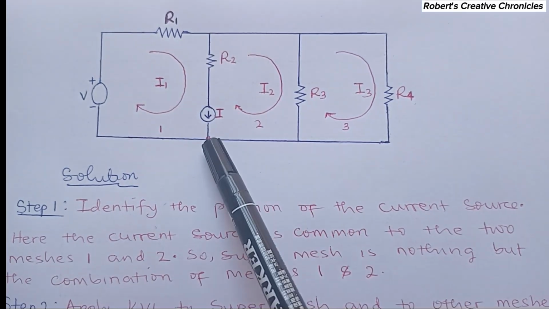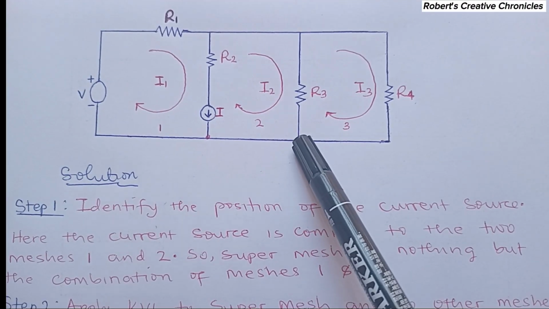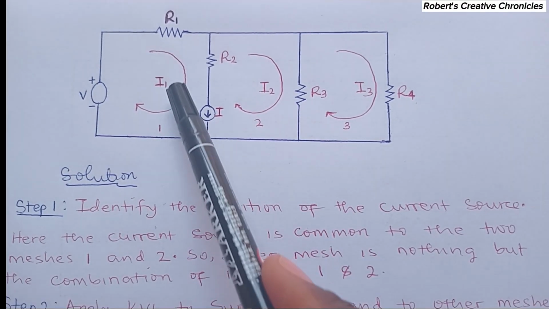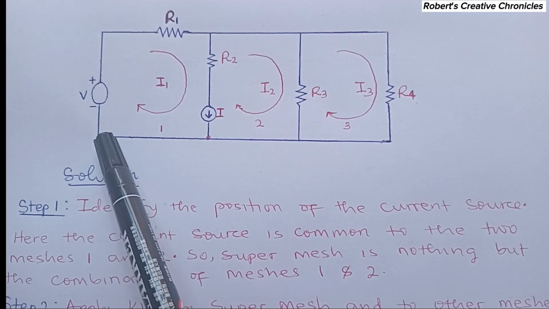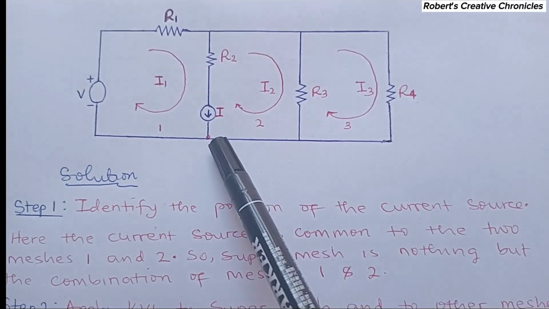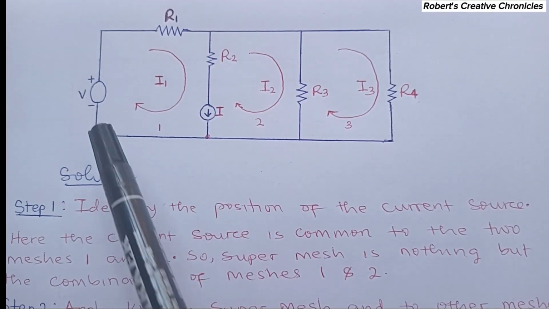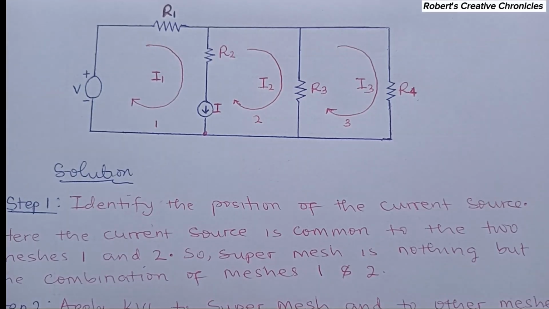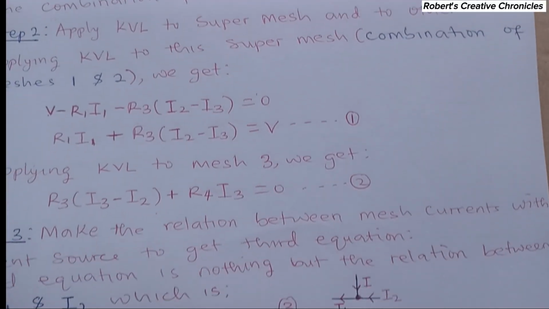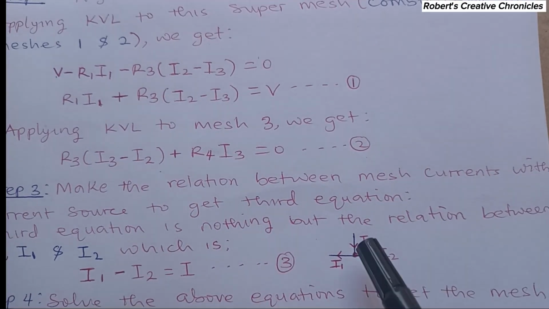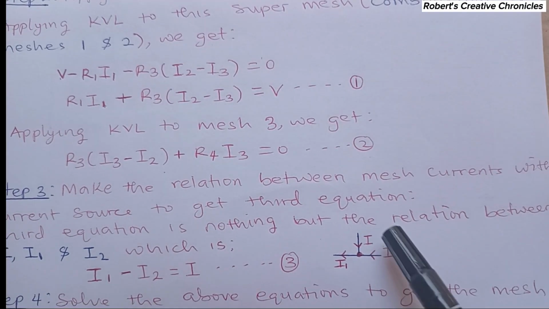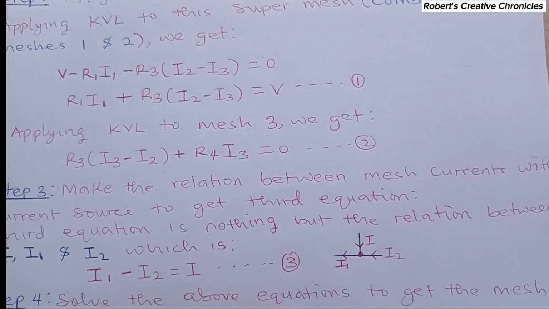A current I is entering this junction. I2 also is entering this junction. Then I1 here is leaving this junction. So there are two currents entering this junction, so I plus I2 will be equal to I1, which is leaving the junction. That's what KCL states. So I plus I2 will be equal to I1.